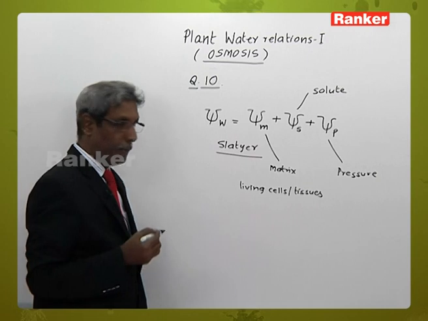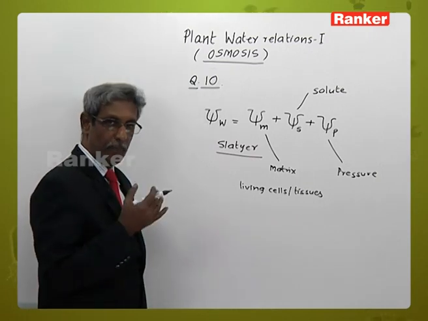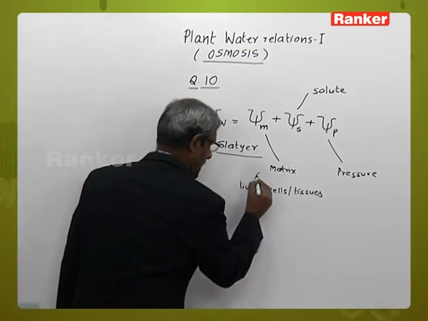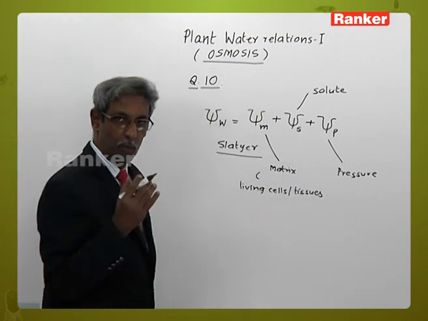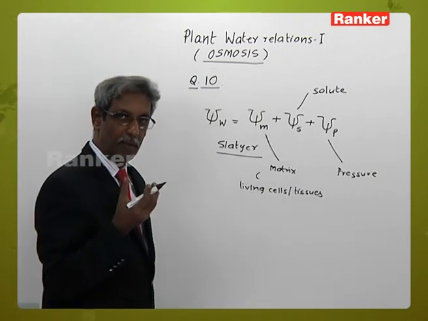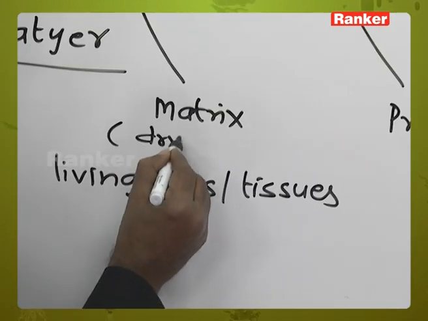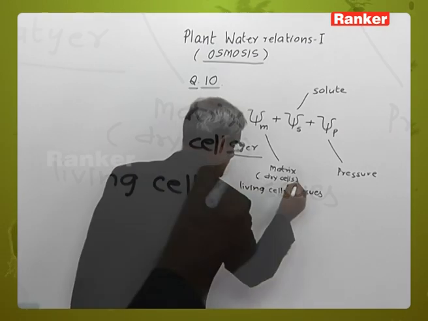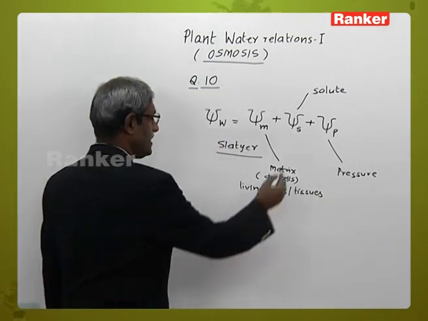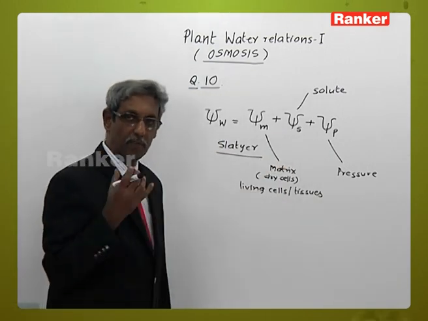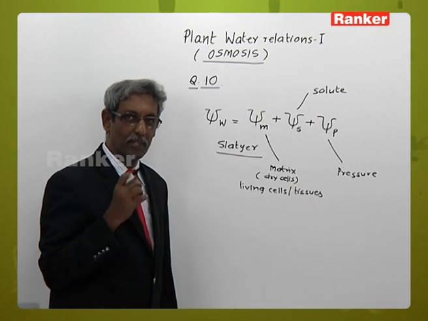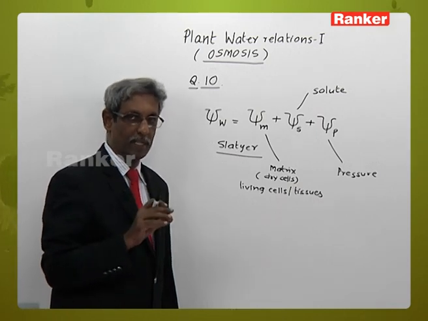Now, matrix potential primarily is a term which is relevant to how much of the biological matrix is present within dry cells, like the seeds. It also is an indication of what is the solute potential, what is the capability of the solute to move in a solvent.